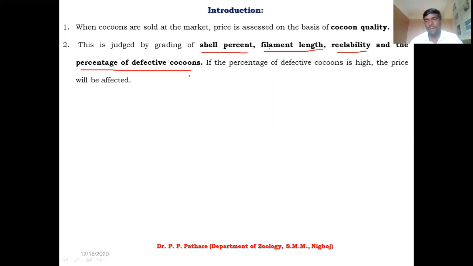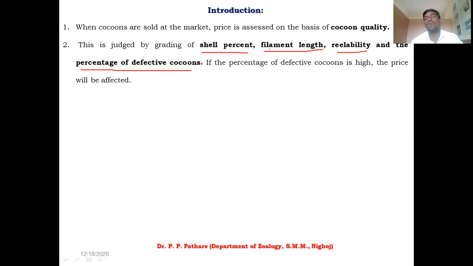So in this point, we are studying how to classify the cocoon on the basis of these characteristics, because if you do not classify the cocoon at this time, you will not get a good price also. So it is very important.